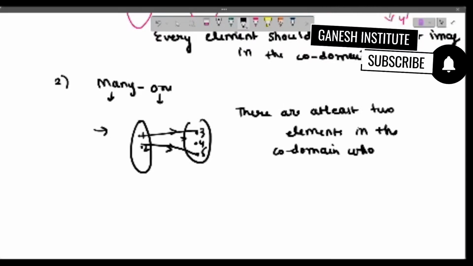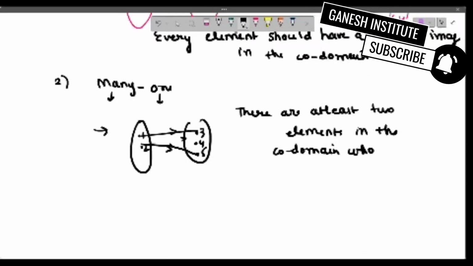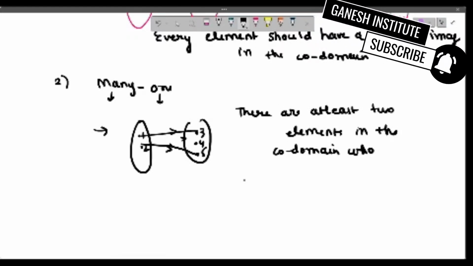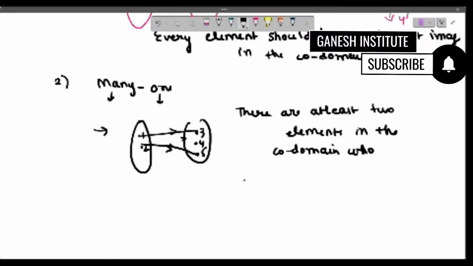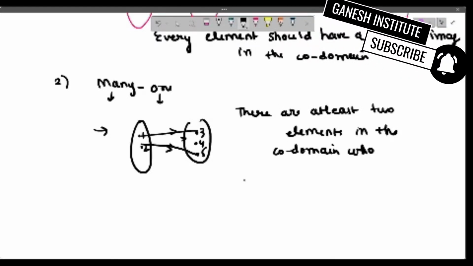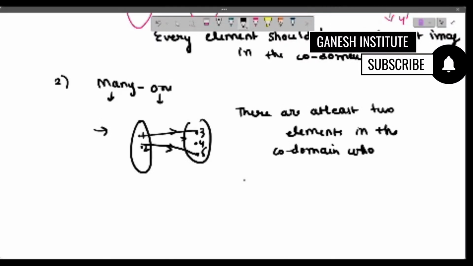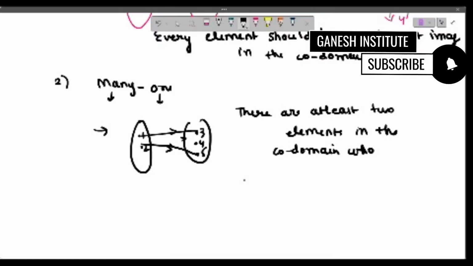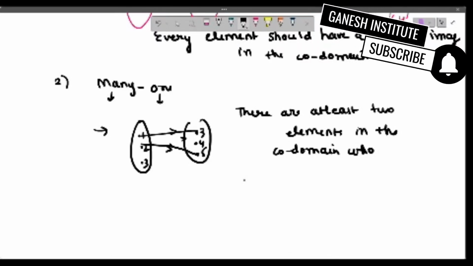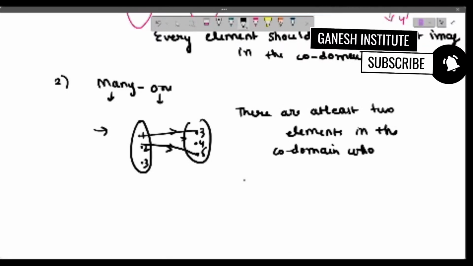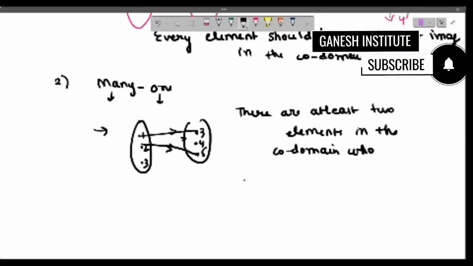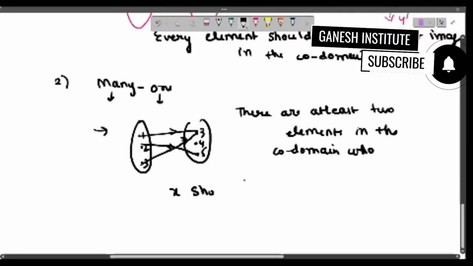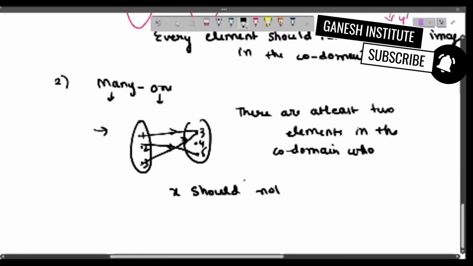You can see I can combine what? There should be at least two elements in the codomain which have a corresponding x value. Tell me one thing. x should not be repeated, but y can be repeated, right? To be a function.